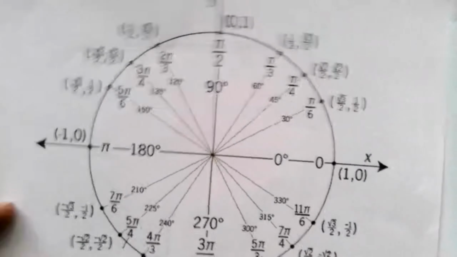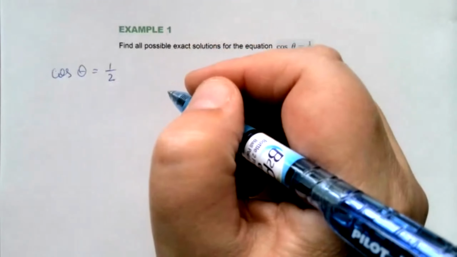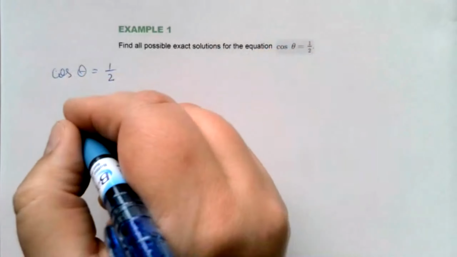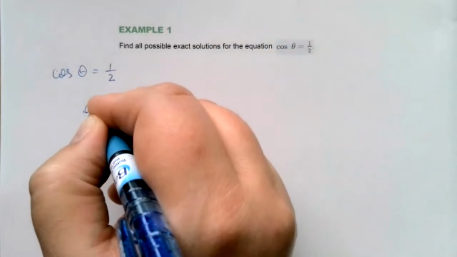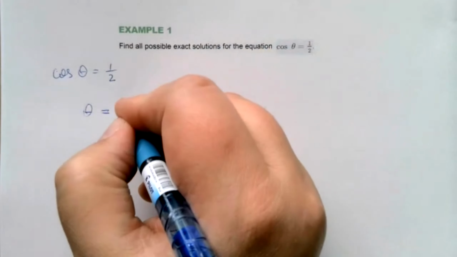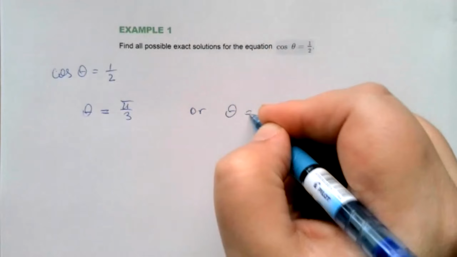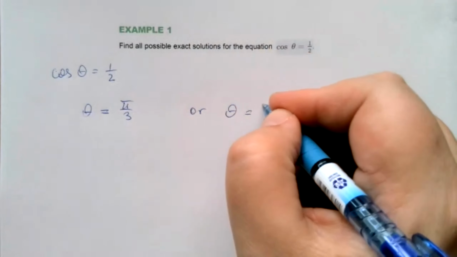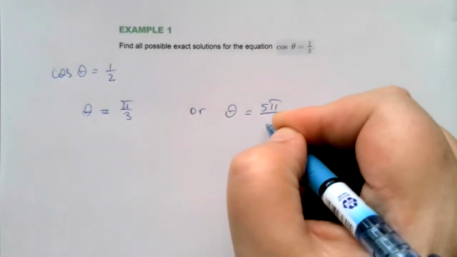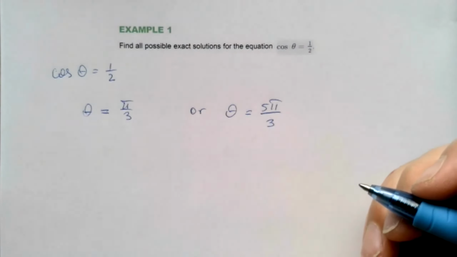So if we just look at one unit circle, theta is either pi/3 or theta is 5 pi/3. So those are our two solutions.